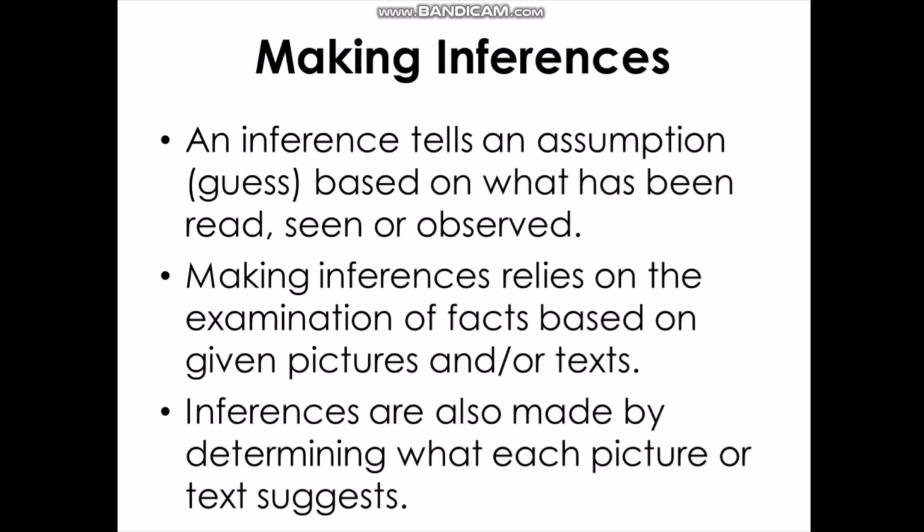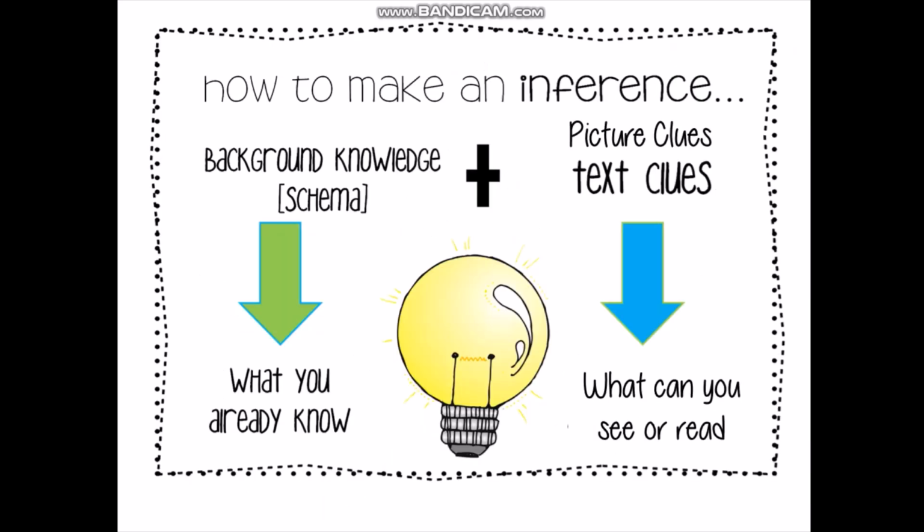Making inferences is like being a detective. You guess based on what you read, what you have seen, and what you have observed. So how do you make an inference? You need your background knowledge, what you already know, plus the picture clues or the text clues, what you read, so you can infer.